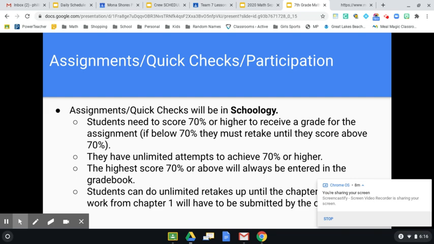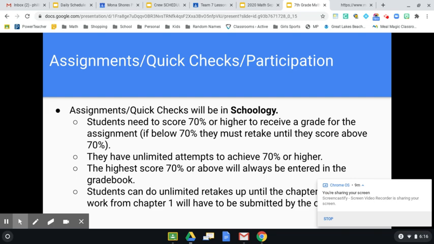If it's below 70%, you must retake it until you score above 70%. So if you go through the assignment or the quick check and you get 100% right away, you're fine. But let's say you get anything below that and you want to redo it because you'd like that higher score, then it's going to be set for you to be able to do that.